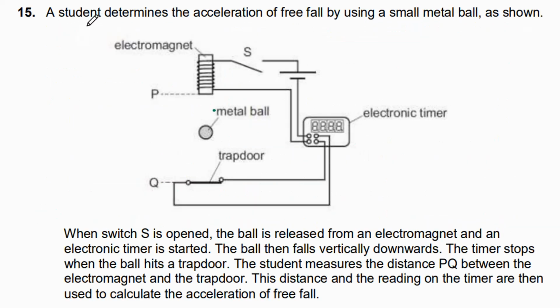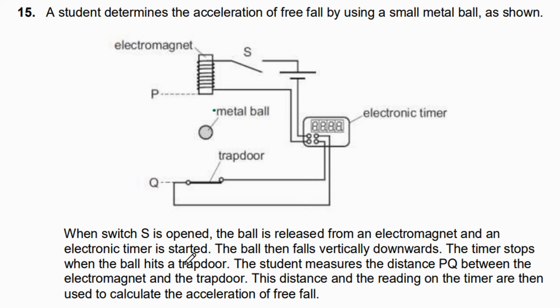So here it says, a student determines the acceleration of free fall by using a small metal ball as shown. When the switch S is opened, the ball is released from an electromagnet and an electronic timer is started. So the ball then falls vertically downwards.